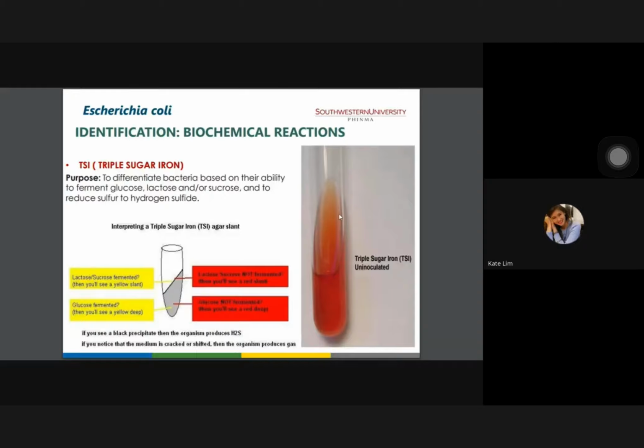Yellow discoloration of the slant would tell you that lactose and sucrose are fermented. Yellow discoloration in the butt would tell you glucose is fermented. If there's presence of black precipitate at the bottom of the tube, that would tell you that the bacteria can produce hydrogen sulfide. If there are gas bubbles or cracks along the medium, that will tell you that the bacteria can produce gas. That is how we are going to read it.